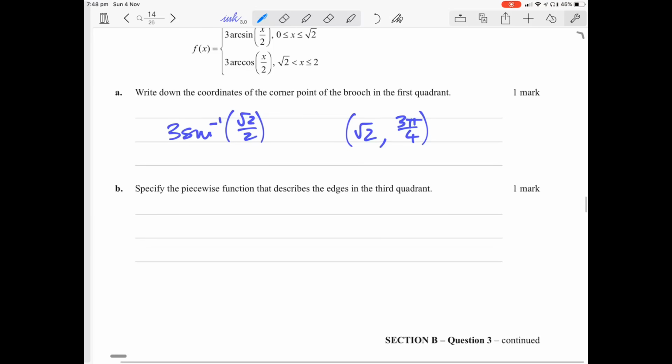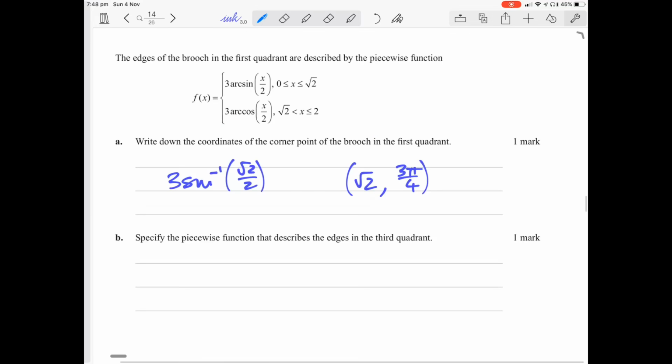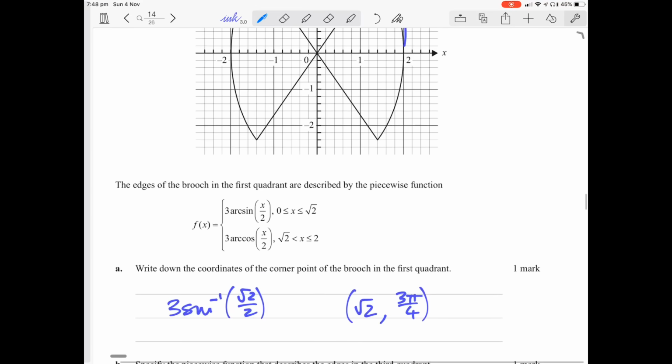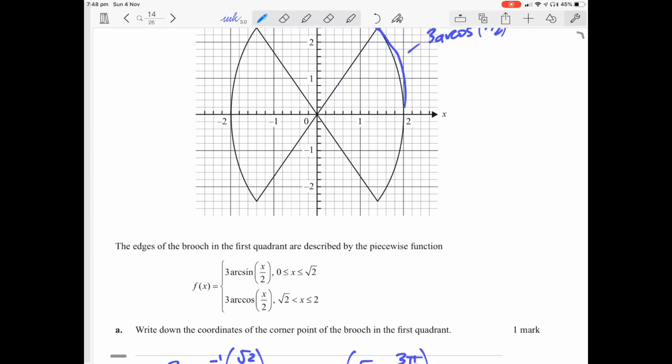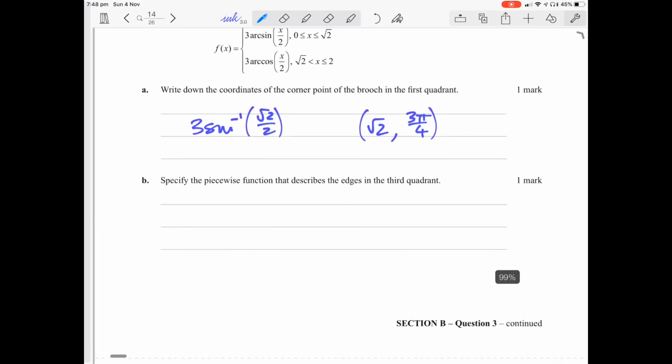Okay, specify the piecewise function that describes the edges in the third quadrant. So it's got to be reflected in the x and then reflected in the y for both of them.